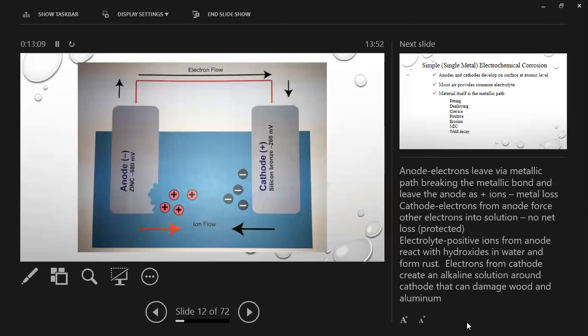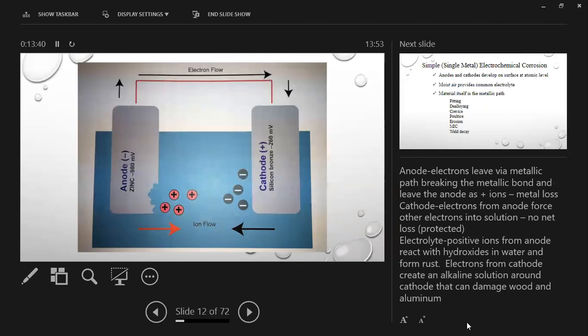Those are positive metal ions jumping off of the anode. That, by definition, is rust. Those are rust particles. When they combine in the electrolyte with hydroxide, they become metal ions. We call it rust. So we follow the electrons from the anode over to the cathode. What's happening in the cathode? The electrons are flooding the cathode.